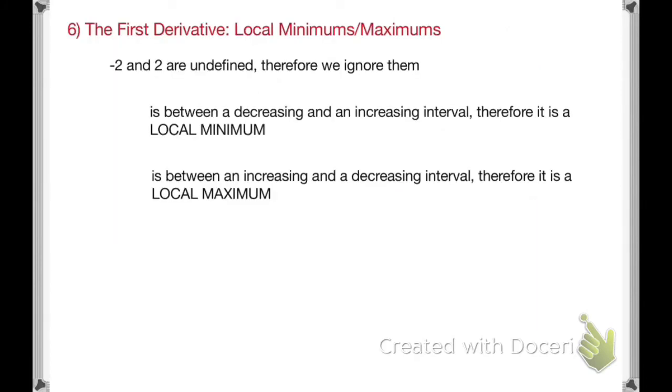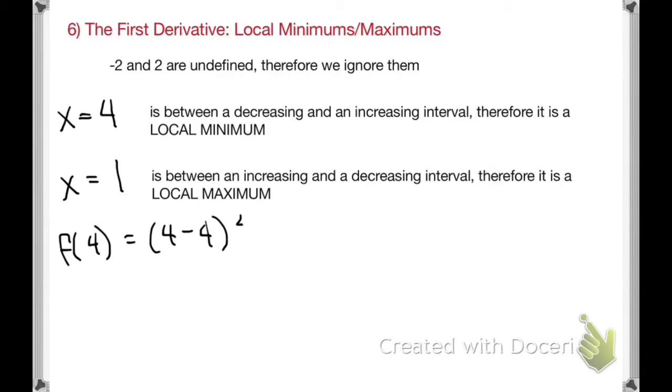Now we're going to move on to which of these numbers are going to be minimums and maximums of our graph. So we have x equals 4 and x equals 1. As you see, as I've written here, 4 is a local minimum because it is between a decreasing and an increasing interval. And 1 is a local maximum because it's between an increasing and a decreasing interval.